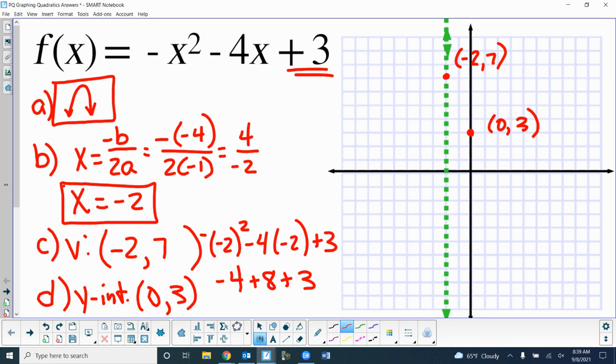All right. To get my third point, so I have 3 points to connect to make my parabola. Remember that axis of symmetry. All parabolas are symmetrical. So I'm 2 units to the right for the y-intercept. So I go 2 units straight across to the left for that third point, which is -4, 3.